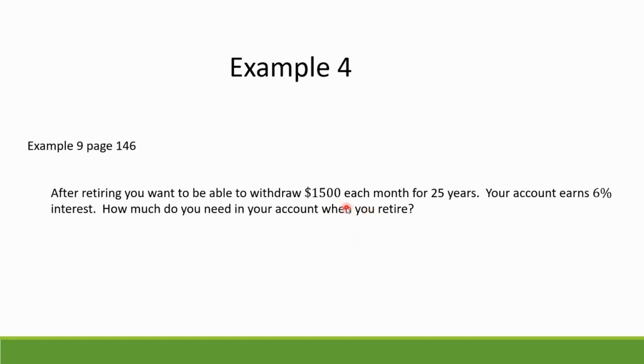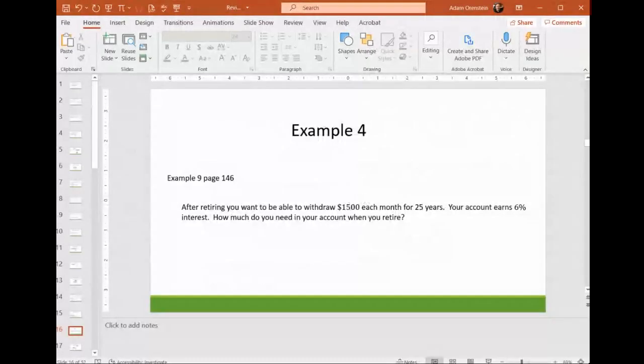That's how much we want to be able to withdraw. The account earns 6% interest. But here the question is, how much do you need in your account when you retire? So this kind of account is what we call a payout annuity.